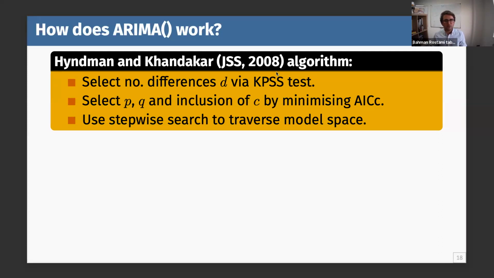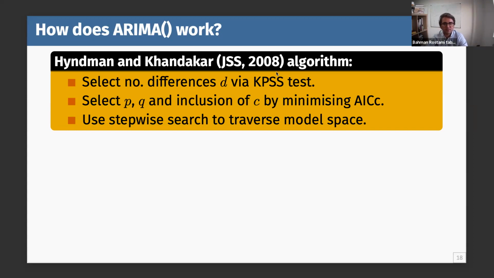So how does that algorithm work? Well, this is discussed in a paper by Hyndman and Khandakar in 2008. And this is the main step of the algorithm discussed in this paper. The first step is to select the number of differences we need, which means the d part.